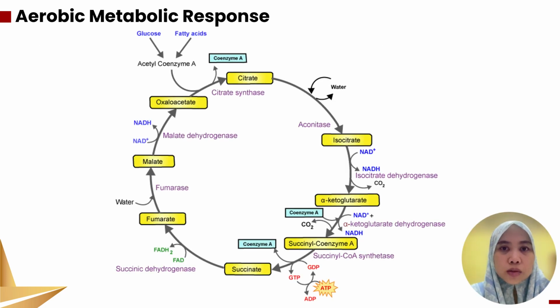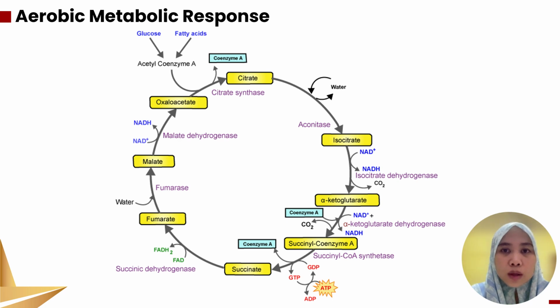Now the figure illustrates the citric acid cycle, also known as the Krebs cycle or TCA cycle, the central pathway in aerobic metabolism where carbohydrates from glucose and fat from fatty acids are broken down to produce energy. Acetyl-CoA is the key entry molecule formed from glucose via glycolysis or fatty acids via beta oxidation.